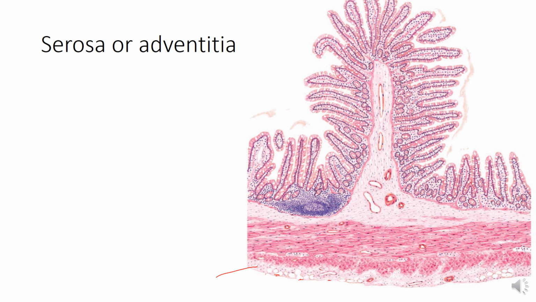The nuclei of the simple squamous epithelium are visible here. There is a thin layer of connective tissue with blood vessels, nerves, lymphatics, and fat cells. So this constitutes the serosa. In the case of adventitia, there is no mesothelium, only connective tissue.